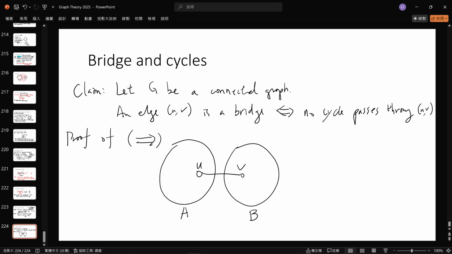If you have an edge like this, then after you remove UV, A and B are still connected. So you cannot have an edge between A and B other than this UV. So this is the graph: two components and one edge UV between them.